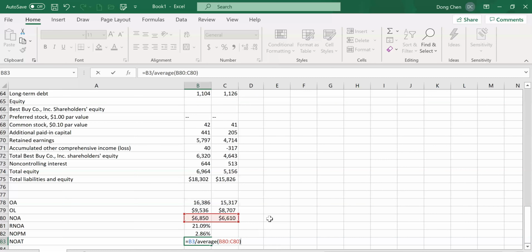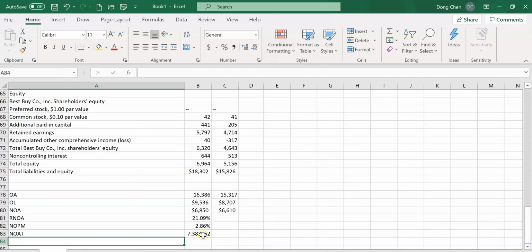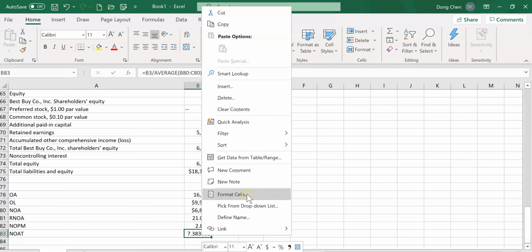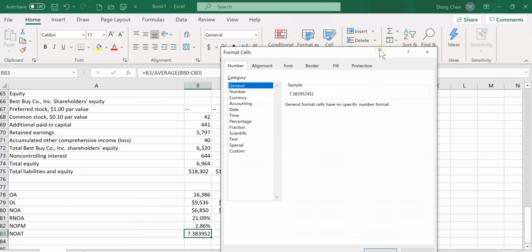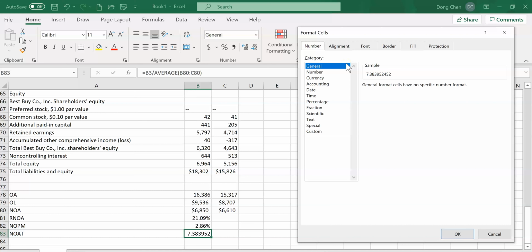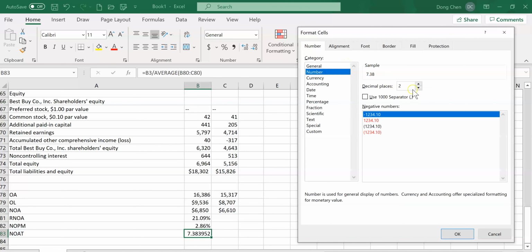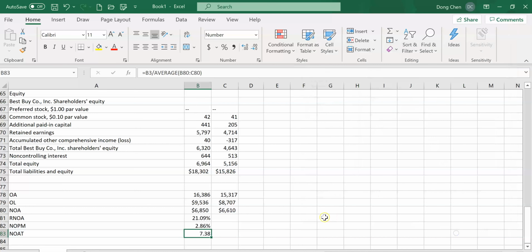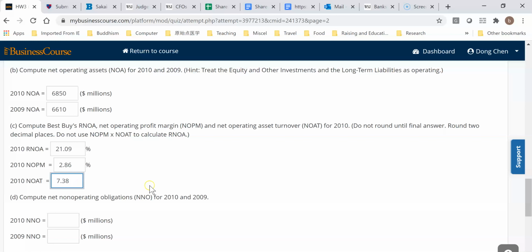So I just use the average function again. But in this case, we don't have to be in percentage format, but we need to keep these two decimal places. So this gives us 7.38.